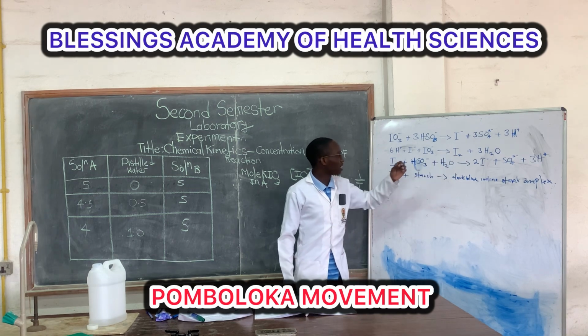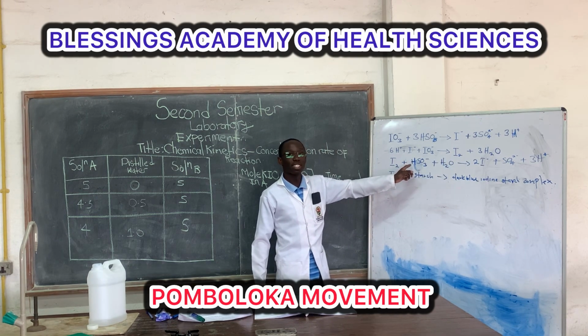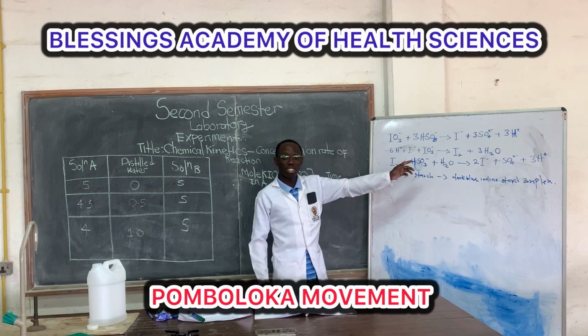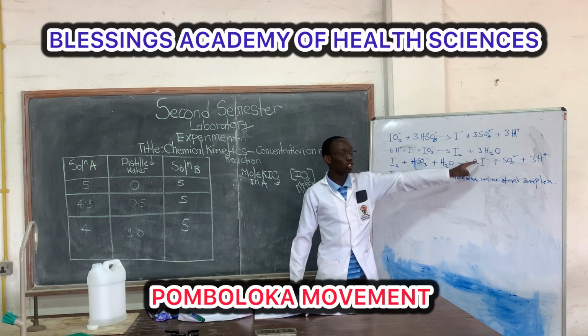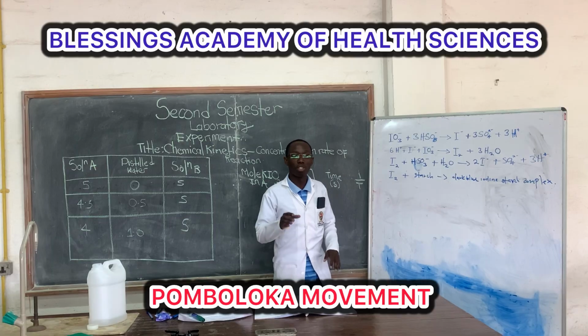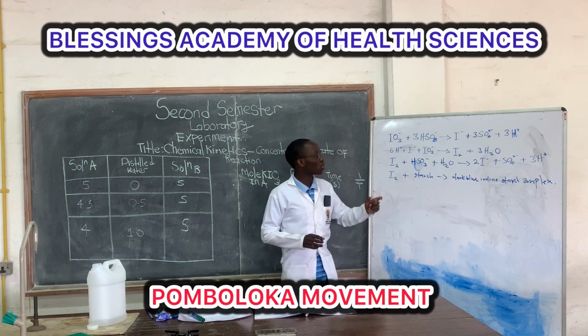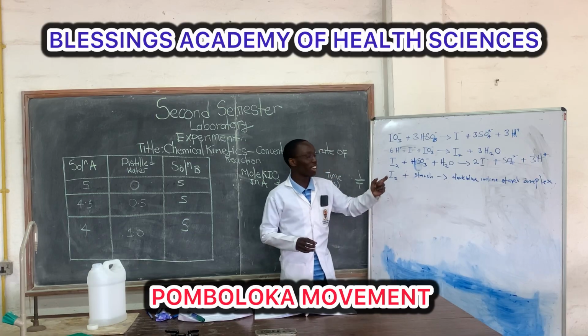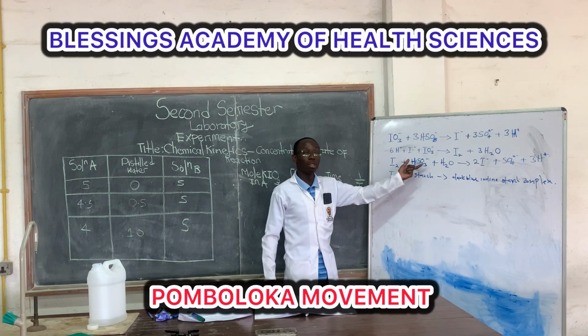So this iodine now, in the reaction, we still have the hydrogen sulfate. Hydrogen sulfate is a reducing agent, and it is capable of reducing the iodine back into the iodide ion. So this will delay the development of the blue-black color iodine complex that is formed with the starch. As the reaction goes on, the hydrogen sulfate will be depleted.